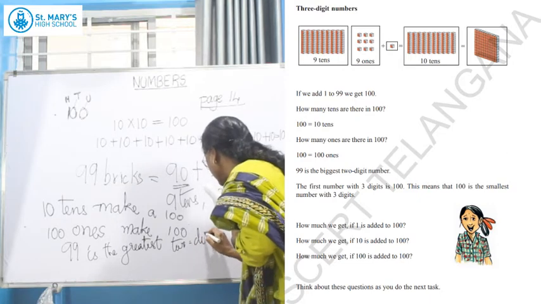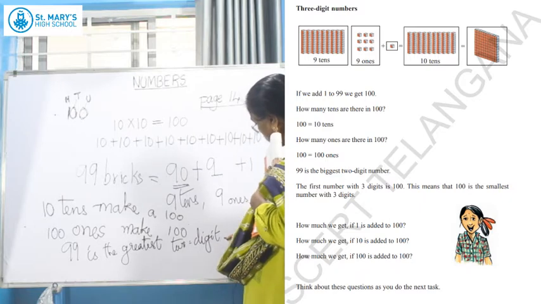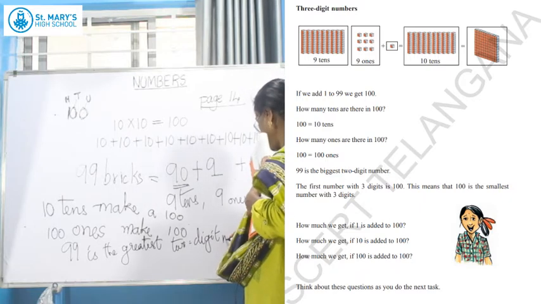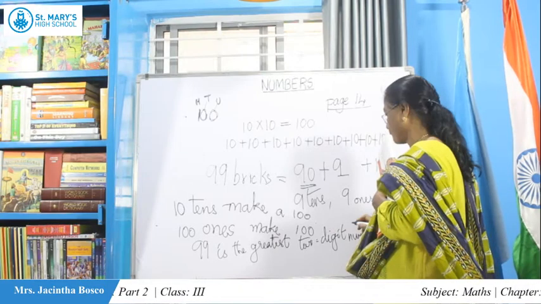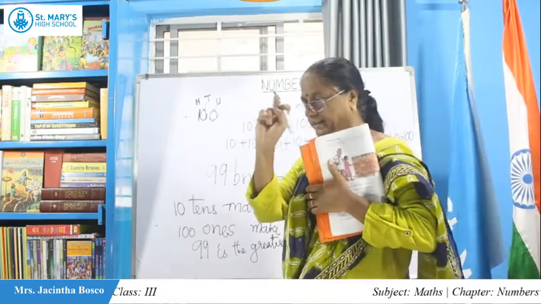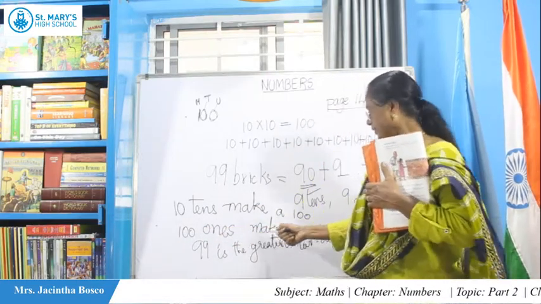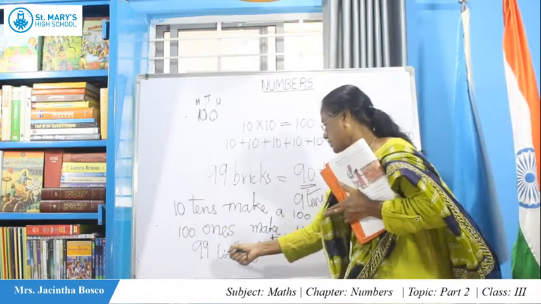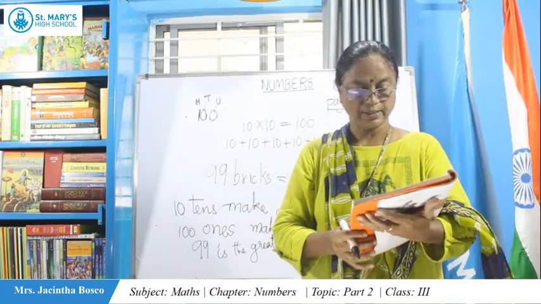These three are for your objective type questions. You need to take them down in your notebook, otherwise underline them in the textbook. 10 tens make 100, 100 ones make 100, and 99 is the greatest 2-digit number.